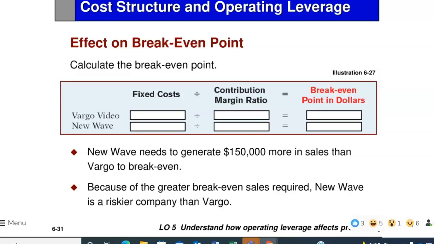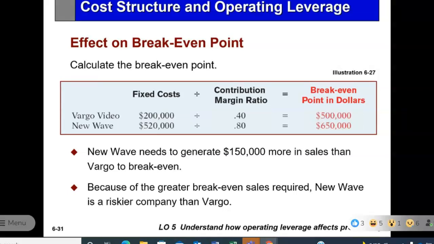The break-even point is a lot higher for New Wave because the fixed cost is a lot higher, but the contribution margin is also a lot higher. But nevertheless, the break-even point is 650. So New Wave needs to generate 150 more in sales than Vargo just to break even. New Wave is a riskier company because of the fact it has a lot of fixed costs in it.